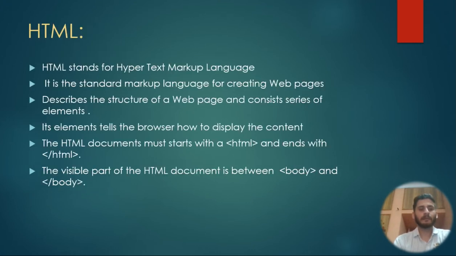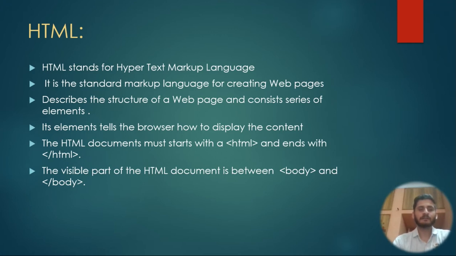HTML is a front-end technology which we have discussed. HTML stands for Hypertext Markup Language. It is the standard markup language for creating web pages, describes the structure of a web page and consists of a series of elements.